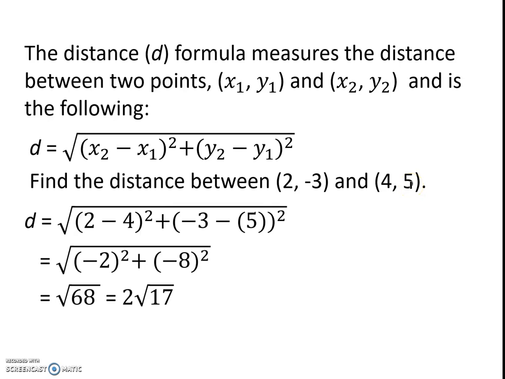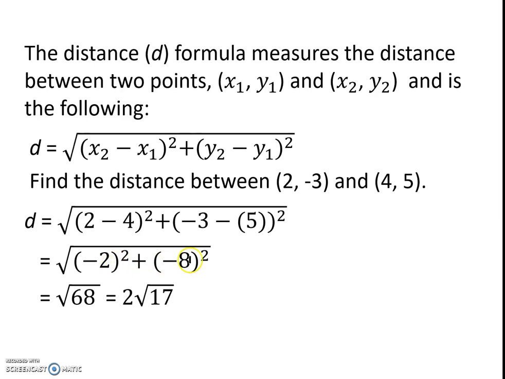So I have 2 minus 4 squared, and then -3 minus 5 squared. So we end up with a -2 from that squared, makes it 4 positive.